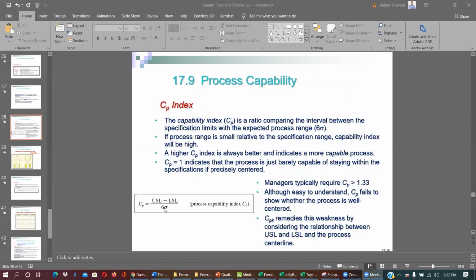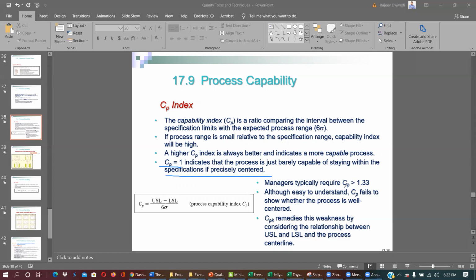And 6 sigma is the total range. So basically upper limit minus lower limit divided by 6 sigma. That means it is exactly 1. If you see, the lower and upper limits cover the entire range, and 6 sigma also covers the entire range, and therefore this is 1. This is 1, which indicates the process is just barely capable of staying within the specification if precisely centered.